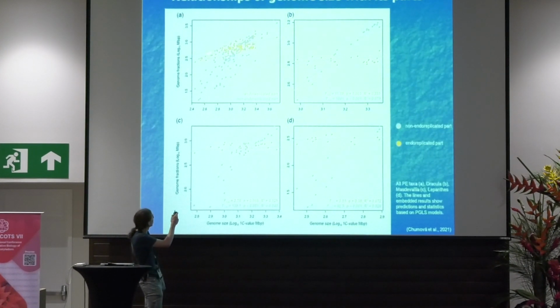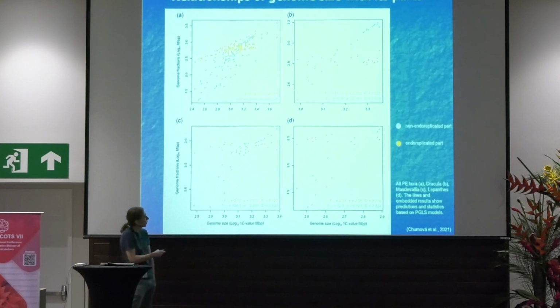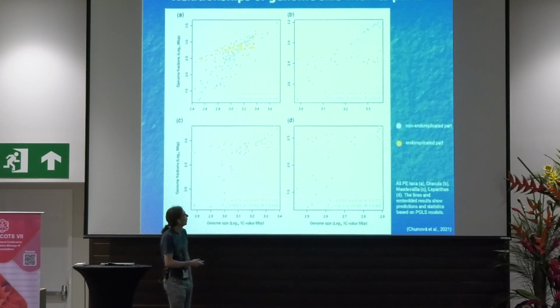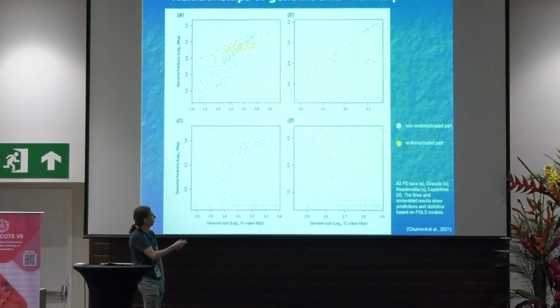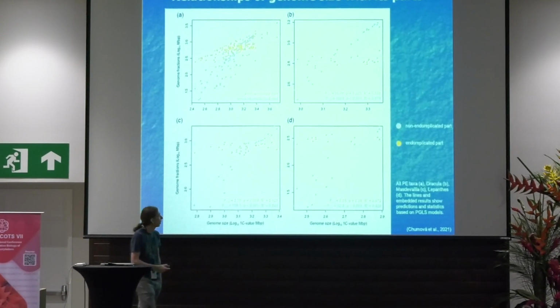And you can see there is some relationship for that endoreplicated part, but just weak. But what correlates really nicely with genome size is that non-endoreplicated part. So this is what creates the variability. And these three other charts are for three separate genera, Dracula, Masdevallia, and Lepanthes. At smaller phylogenetic scale, you can see that endoreplicated part is more or less conserved, and what is proliferating there is the non-endoreplicated part.